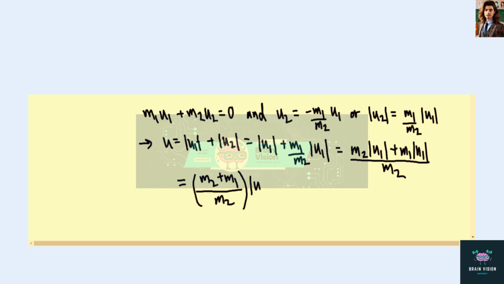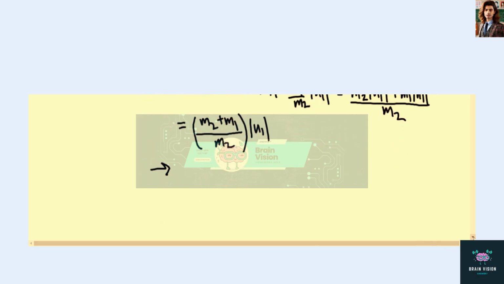Now we see that u is equal to the sum of the masses divided by m2 times the magnitude of u1. That can then be rewritten so that the magnitude u1 is mass 2 times u divided by the sum of the masses.